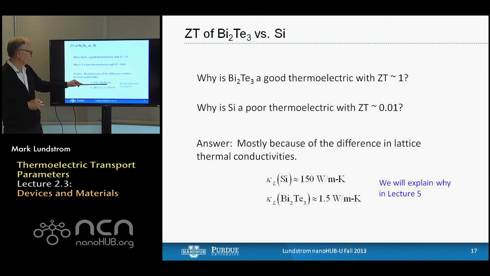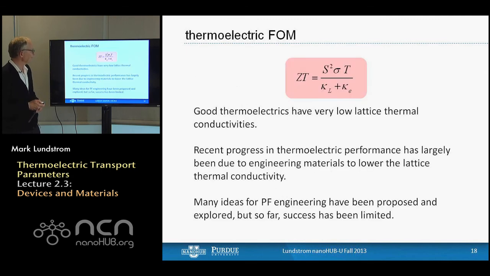The lattice thermal conductivity of silicon at room temperature is about 150 watts per meter Kelvin. The lattice conductivity of bismuth telluride is about 1.5 watts per meter Kelvin. So the figure of merit for bismuth telluride is about 100 times better because its thermal conductivity is about 100 times smaller than silicon.